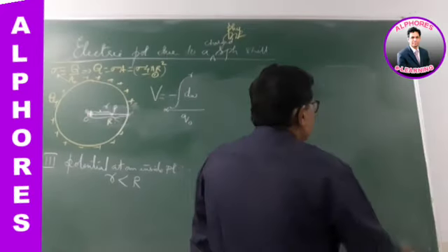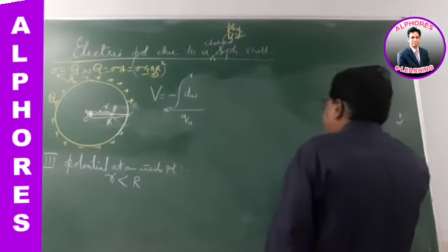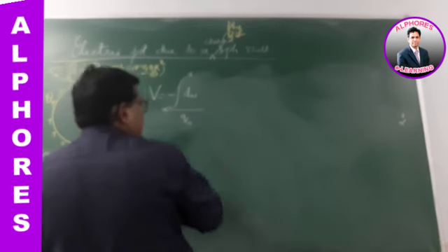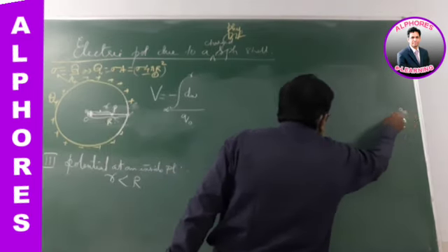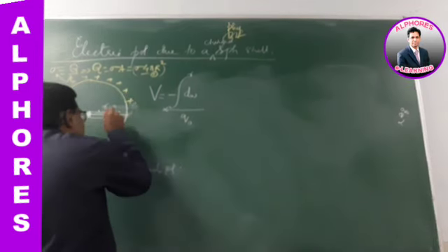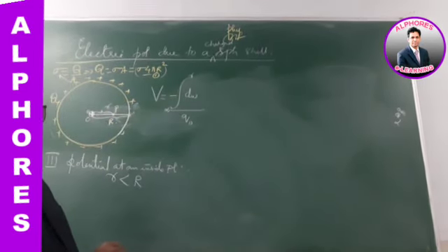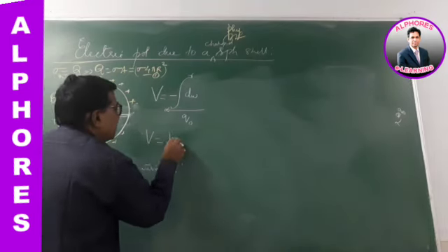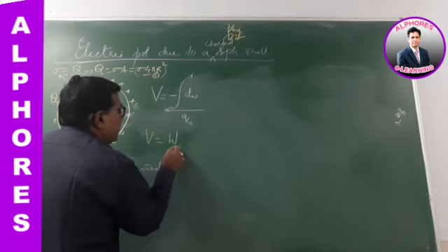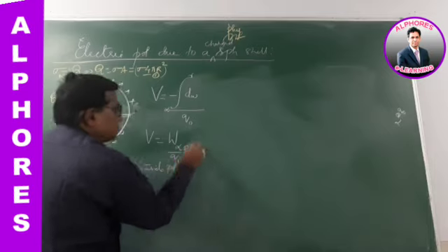So if I have to find out the potential at any point P here, it is the work done in moving a test charge from infinity to the point of consideration. So potential is the total work done in moving from infinity to the point P by Q naught.